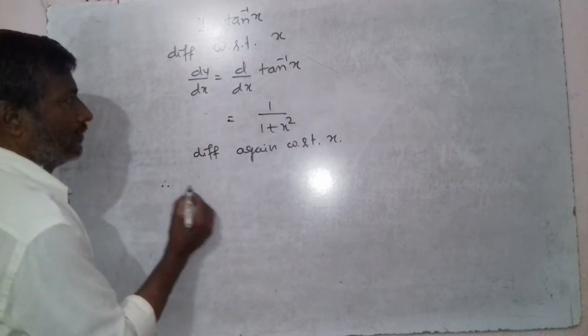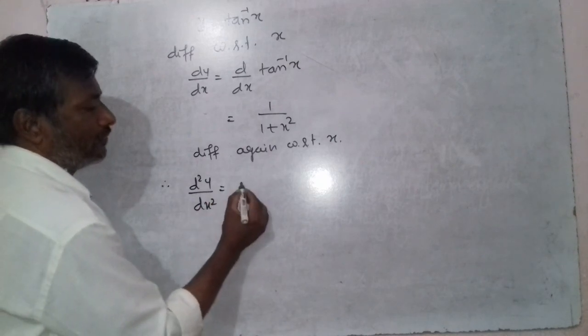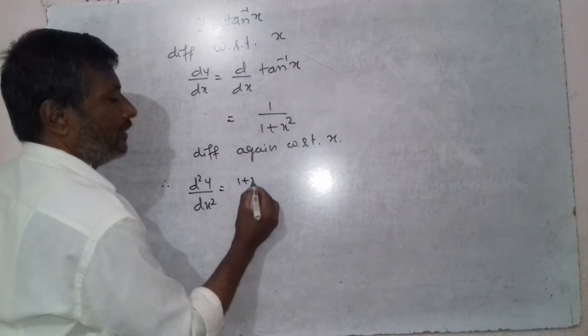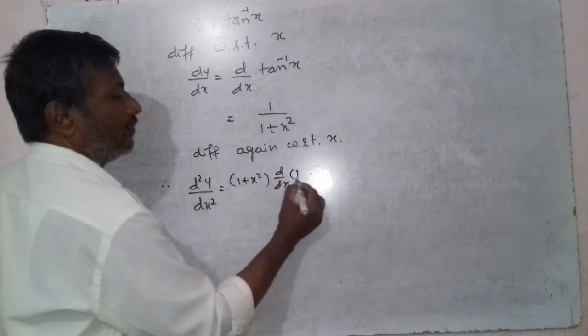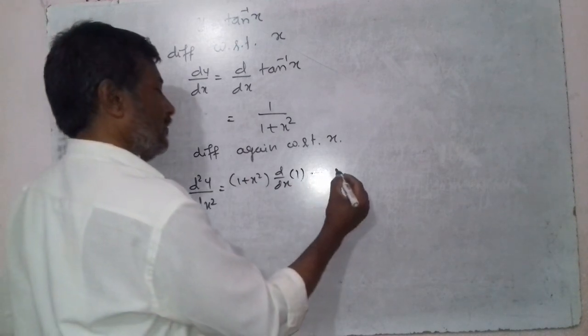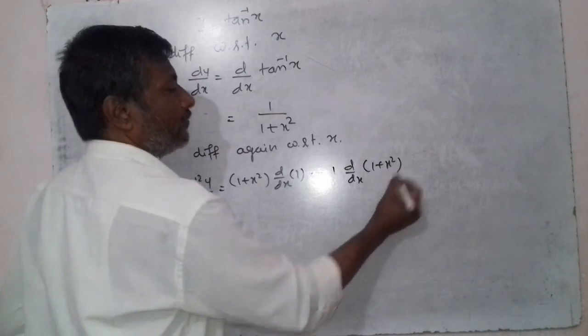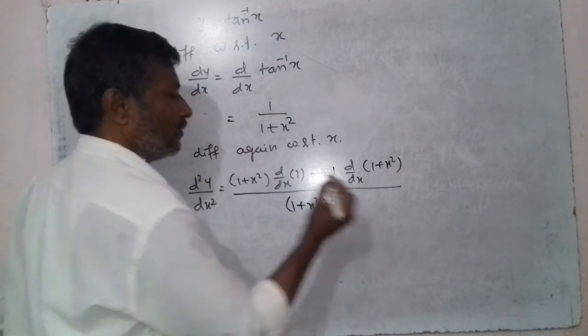Therefore d square y by dx square equals d by dx of 1 plus x square times d by dx of 1, minus 1 times d by dx of 1 plus x square, divided by 1 plus x square, whole square.